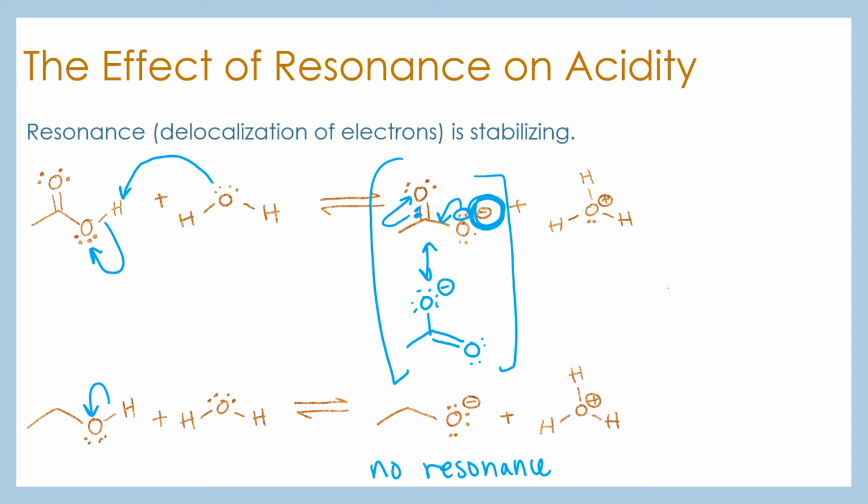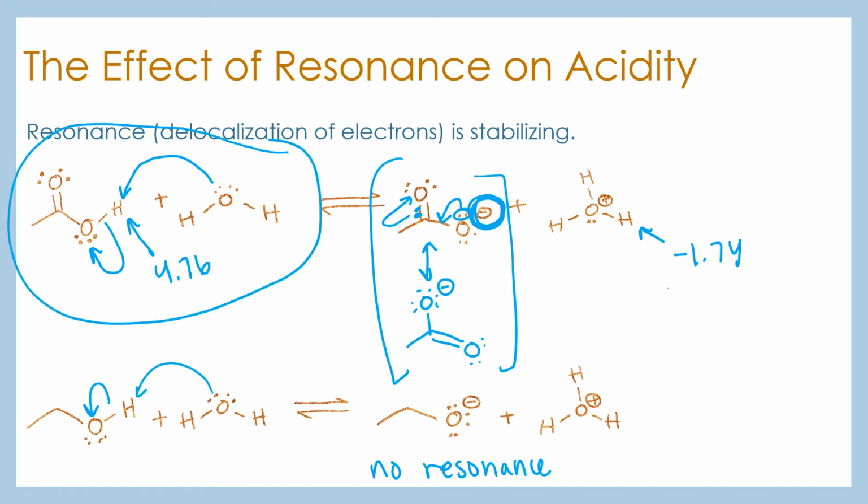Now, we can also look at the relative pKa's and try to decide which direction each of these equilibria would lie. So the pKa of acetic acid is 4.76. The pKa of this proton in hydronium is negative 1.74. So the reactants are going to be favored because they have the weaker acid. And if we look at the reaction between ethanol and water, ethanol has a pKa of 15.9.